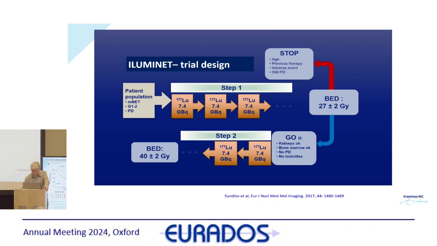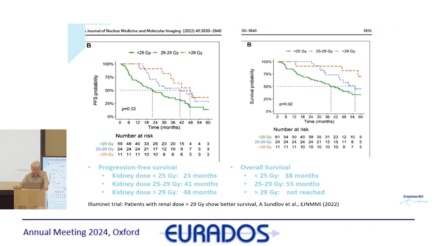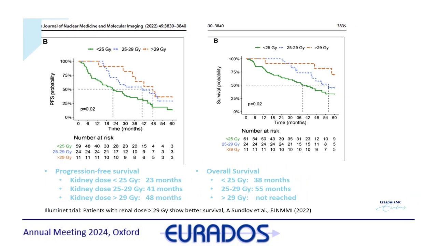The outcome of this clinical trial showed that there is a clear advantage in patients that have a kidney dose above 29 gray in comparison to patients that have a dose to the kidneys below 25 gray. So that's really a nice indication of how it works.